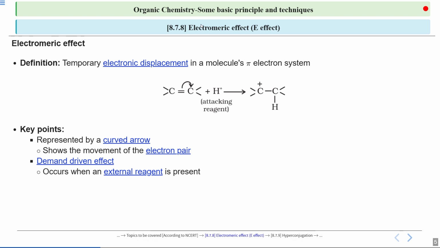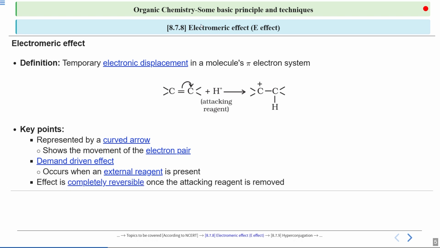The electromeric effect is temporary because it is only operational in the presence of an attacking reagent. Once you remove this attacking reagent, the effect becomes completely reversible and the pi bond moves back to its original position. I hope you are getting my point.